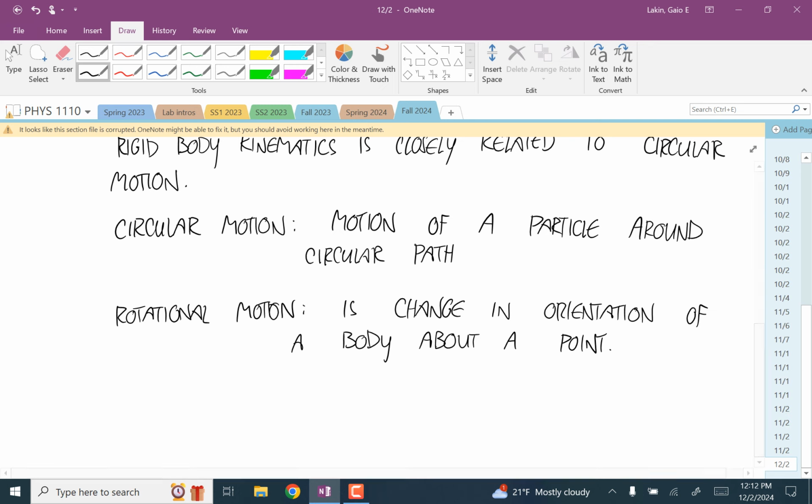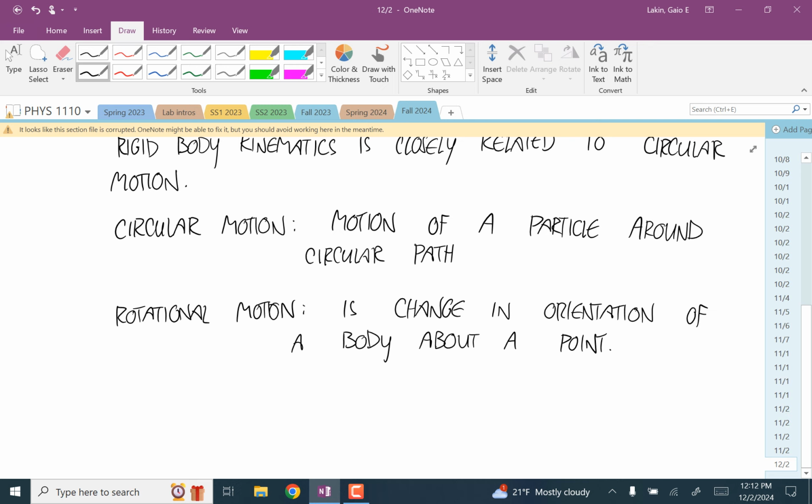Okay, so here's the best demonstration I can come up with relating circular motion and rotational motion. Understanding this difference is really important. If I'm in circular motion, I'm doing this. The key thing is, if you're looking down from above, I'm a particle at the middle, just following this circular path.